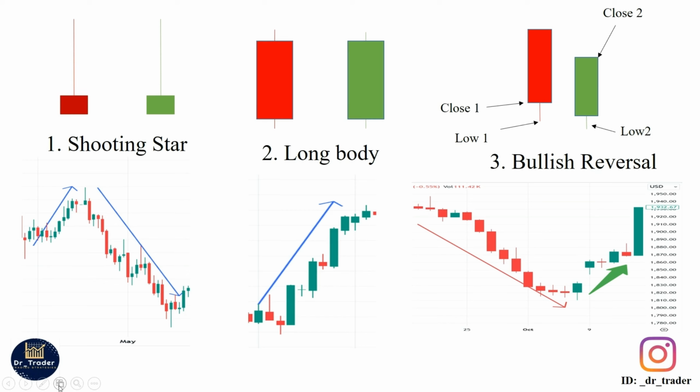At first, I'm gonna review some of the most important and essential candlestick patterns that I talked about in a previous session. The first one is shooting star, and shooting stars mostly happen at the end of uptrend. And when the market sees them, it abruptly and suddenly gonna change its trend from uptrend to downtrend.